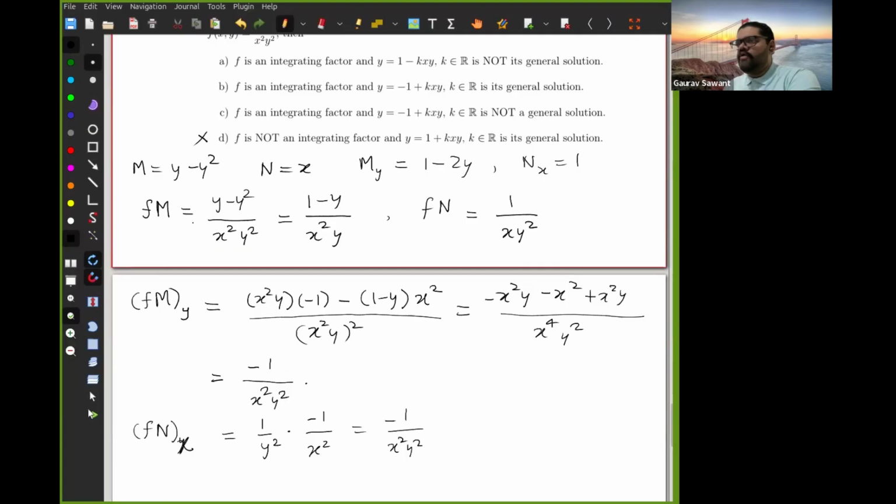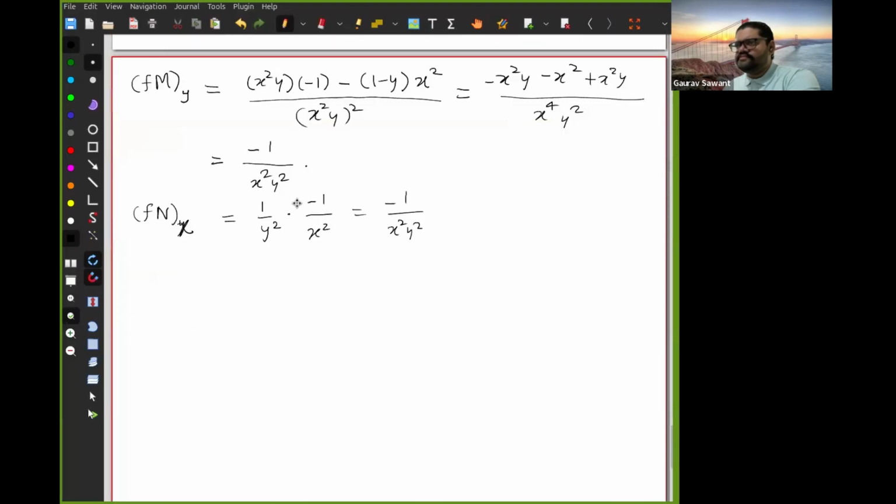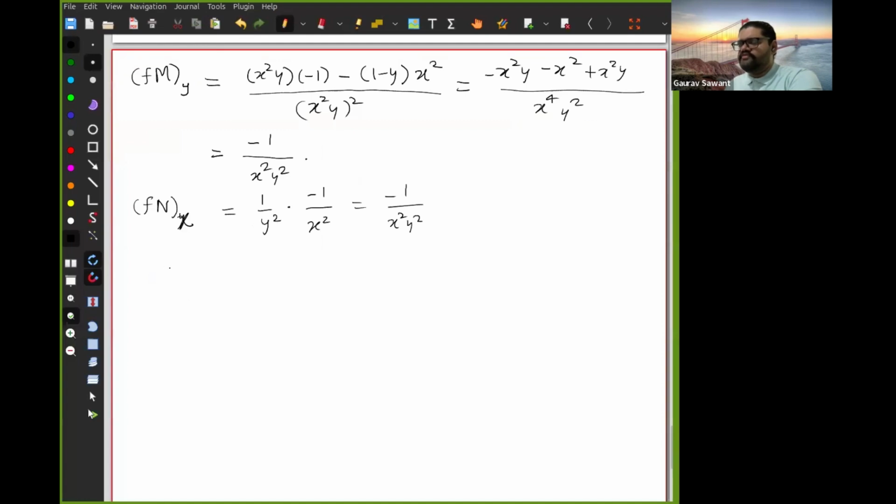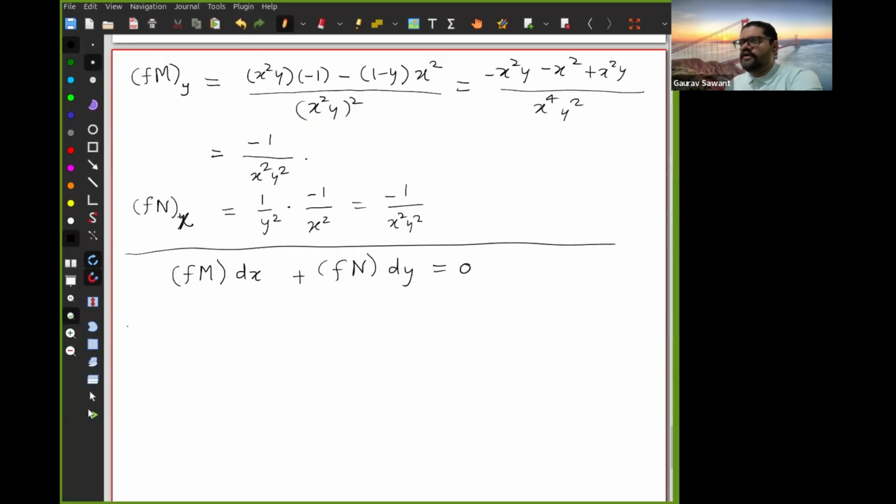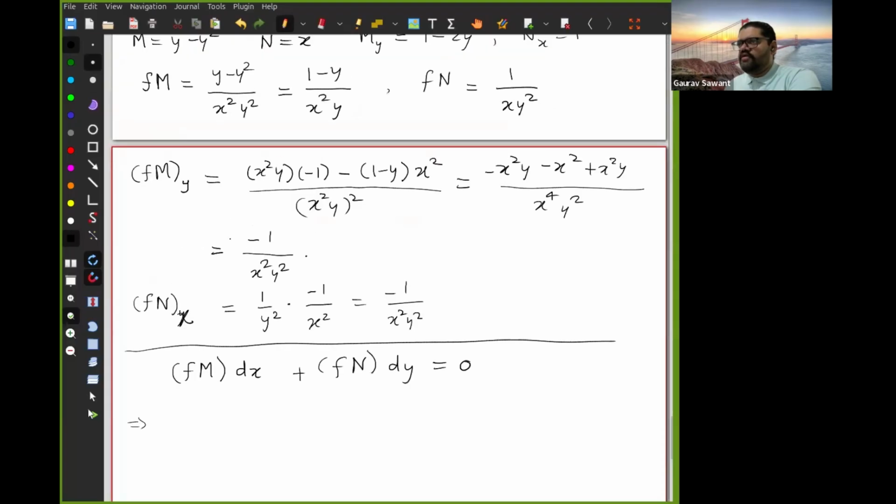So now that we have obtained an exact form, fm in this form, let's rewrite the differential equation just for simplicity. So I would have fm dx plus fn dy equal to 0, which as we had obtained is (1 minus y) over x square y dx plus 1 over xy square dy equal to 0.